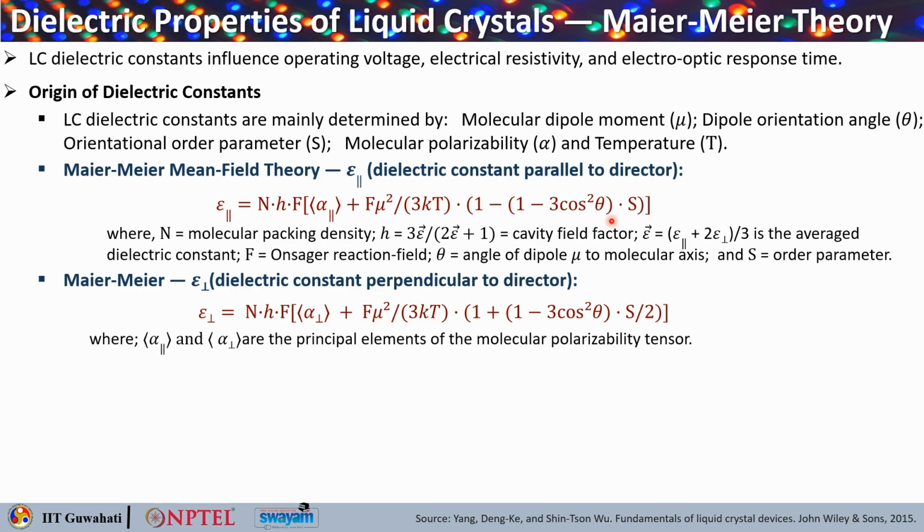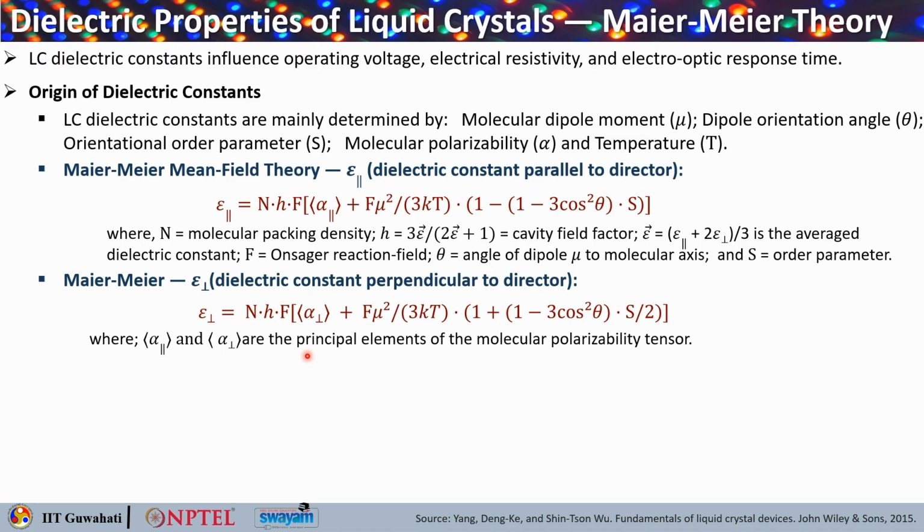The induced polarizability along the long axis, alpha parallel, also contributes. So, epsilon parallel is large when mu is along the long axis, that means theta is small, and that is the case when alpha parallel is also large.